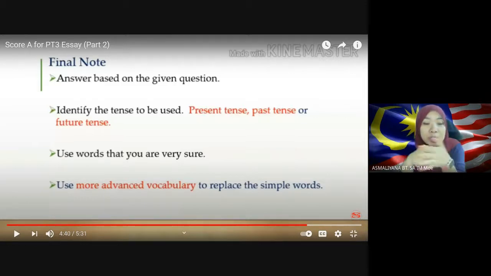Or future tense, if it says what will you do if, it hasn't happened yet. So your tenses must be in future tense.